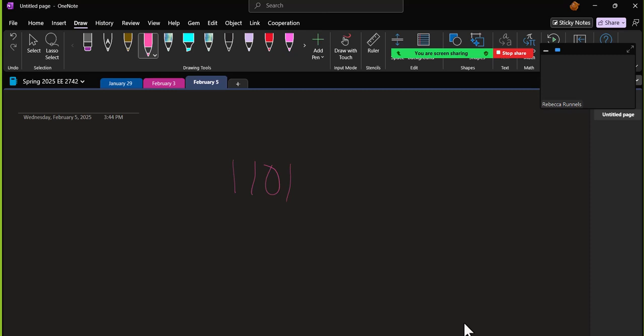The way you probably instinctively read this is you think, okay, this is the 1's place, the 2's place, the 4's place, and the 8's place. So you probably think of this as 8 plus 4 is 12 plus 1 is 13.